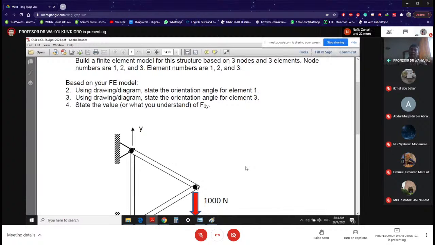The way you answer, you need to draw that element. Then you decide which direction is your positive local axis, and then you measure your theta to that positive local axis, the way that we discussed last week. So that is for element number 1 and element number 3, and I want you to draw it. Without you drawing, that means you don't understand.